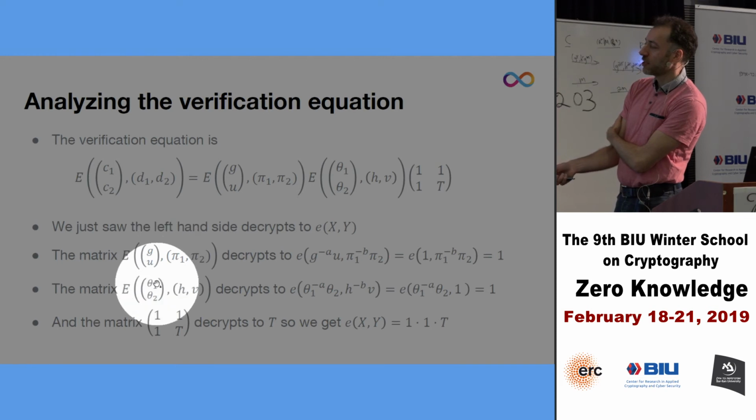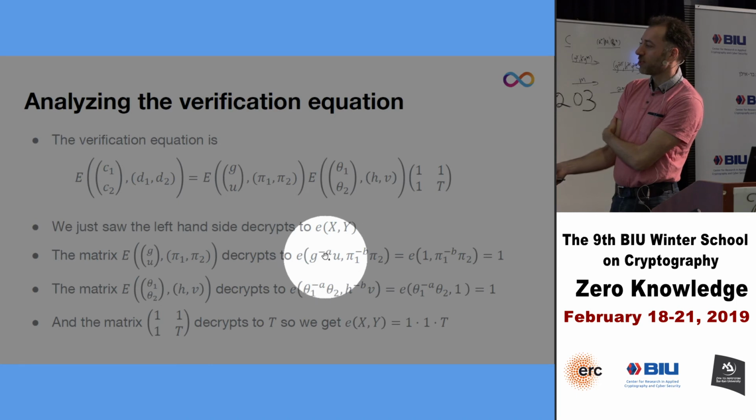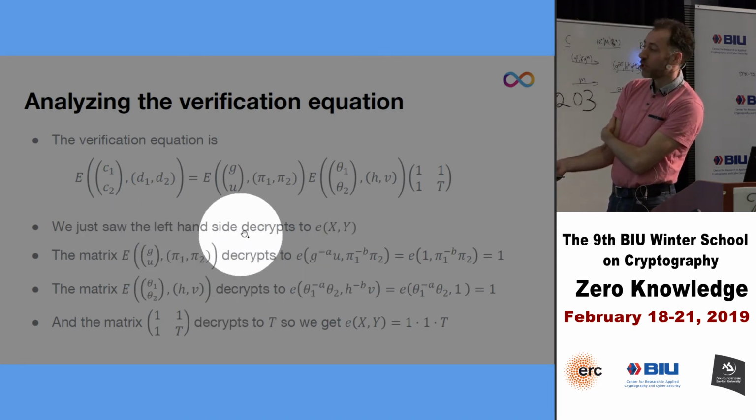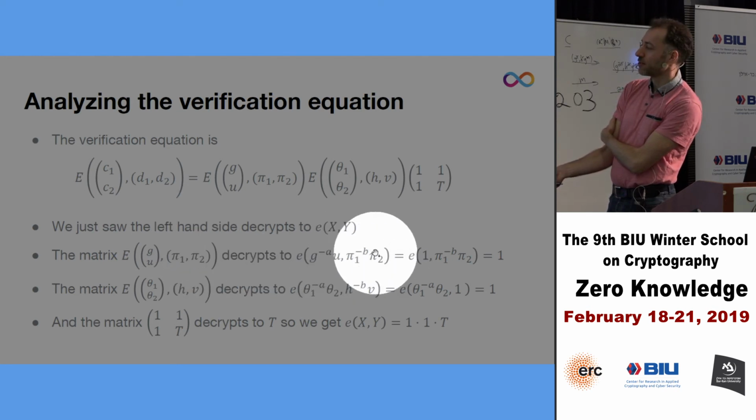If we decrypt this one along the columns, essentially what we're doing is decrypting this column here. So we'll get U times G to the minus A. That's what we have here. And when we decrypt along the rows, we get pi 1 to the minus B times pi 2, and that's what we have here.